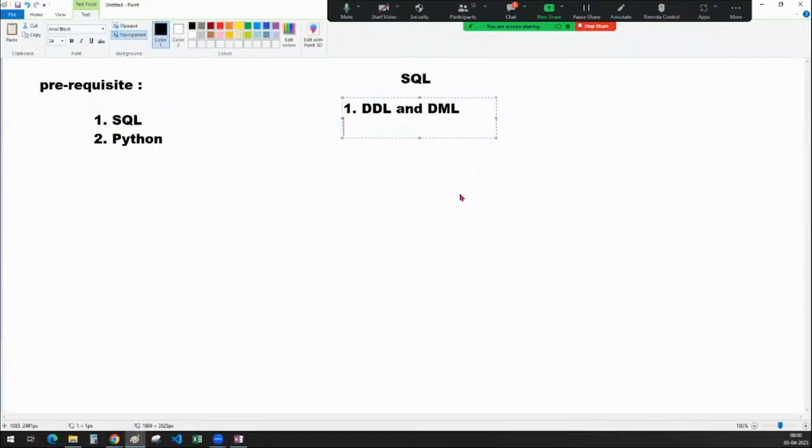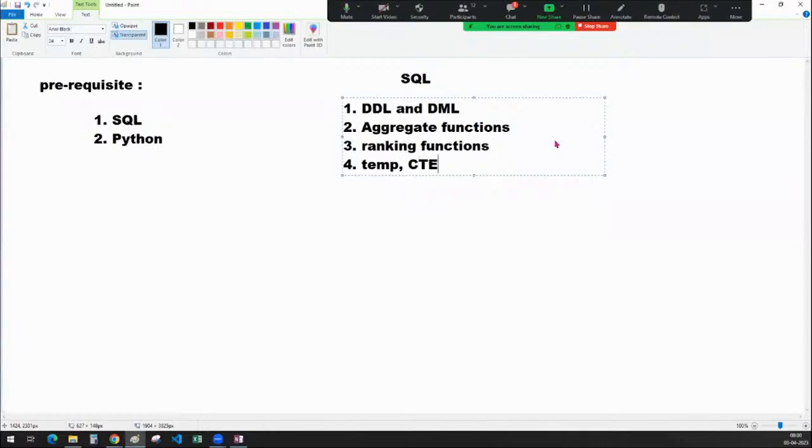After that, I would expect you to learn about aggregate functions, and one more thing is ranking functions. The fourth thing is temp tables and common table expressions.